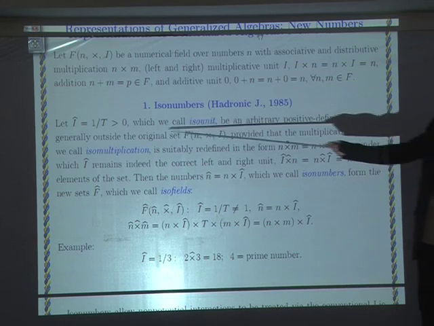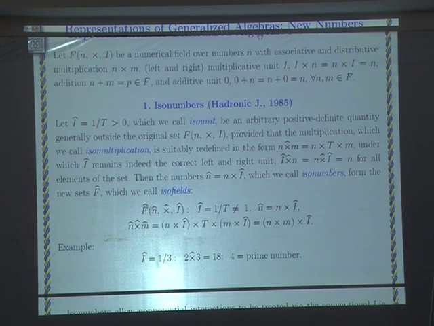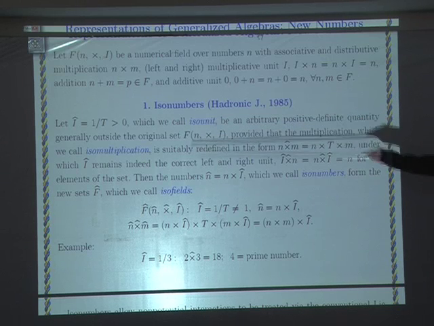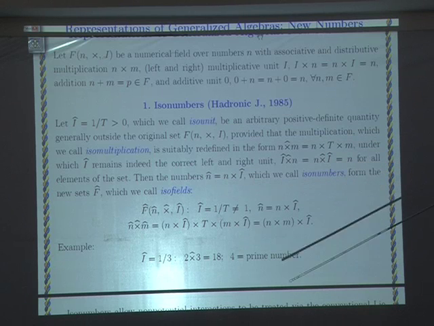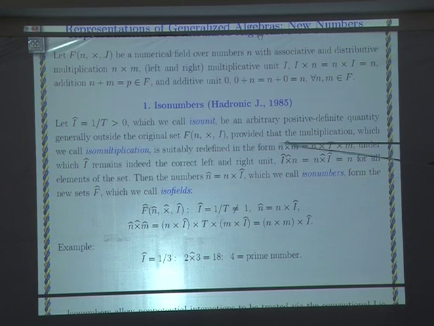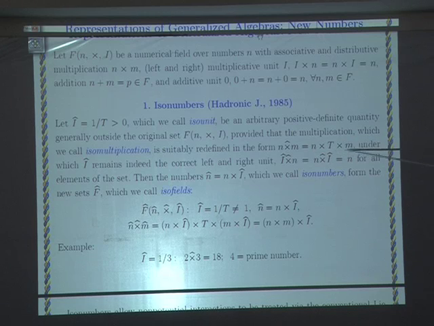And so we can introduce new unit, I hat, which is positively defined. And this iso unit is not from this original set F. And then we can use this iso unit to build different iso multiplication using this definition when we put this T between these two numbers.